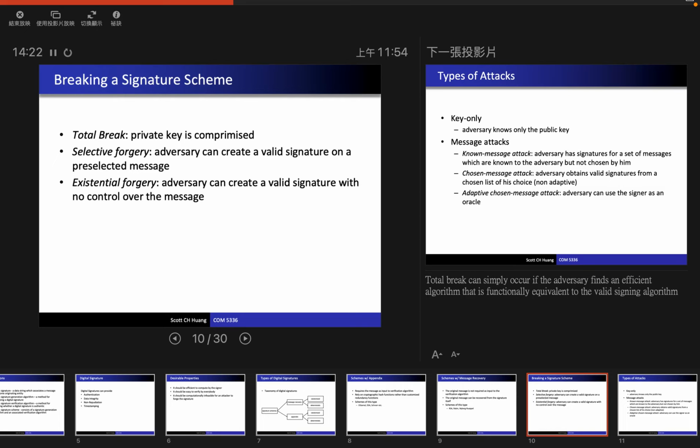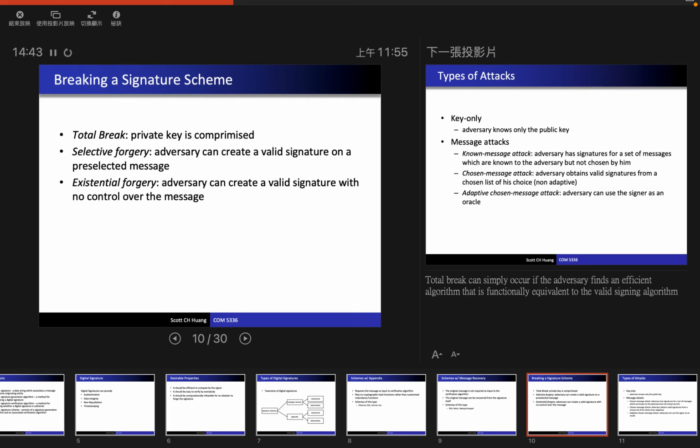That actually gives a valid signature, because the signature is applied to the hash. So that can be applied to selective forgery of the RSA signature, which is a big threat.